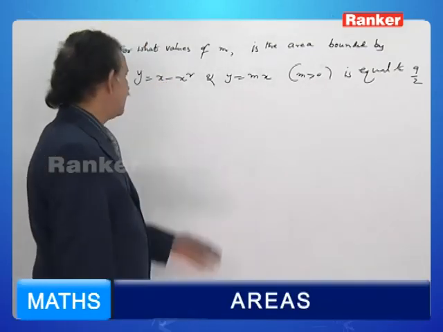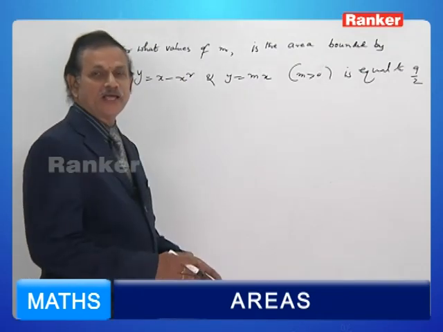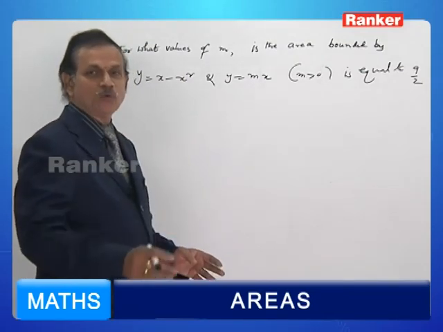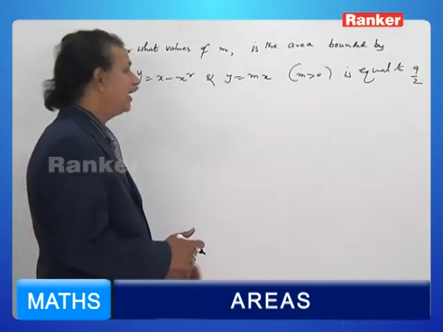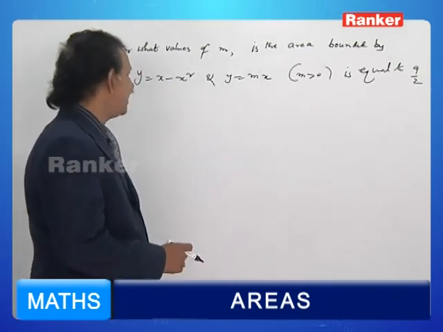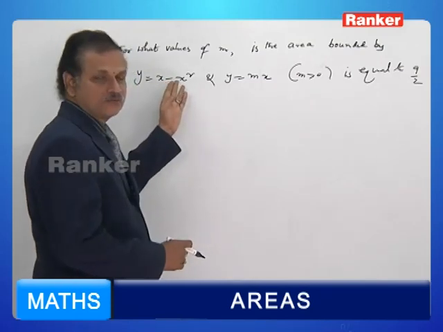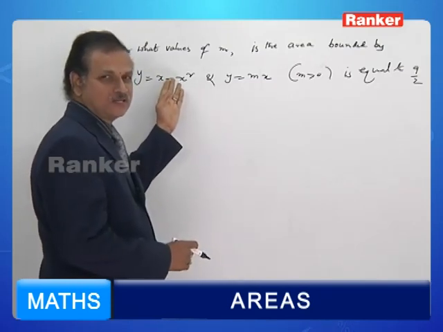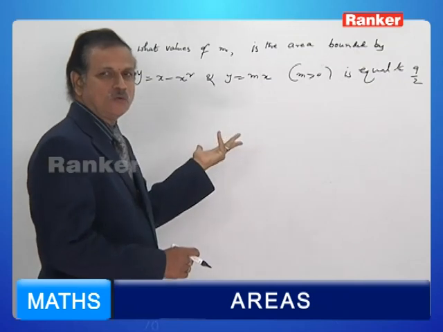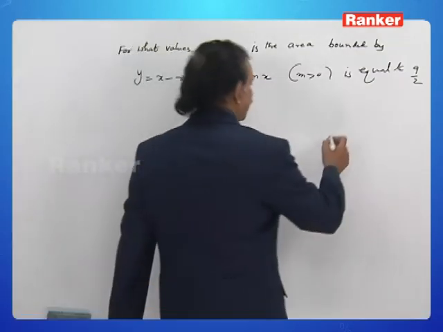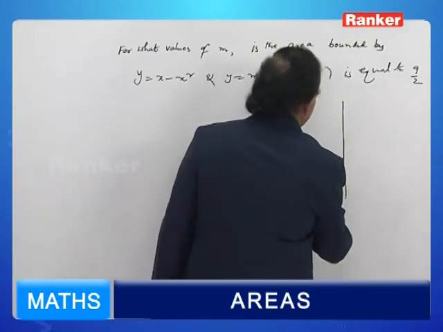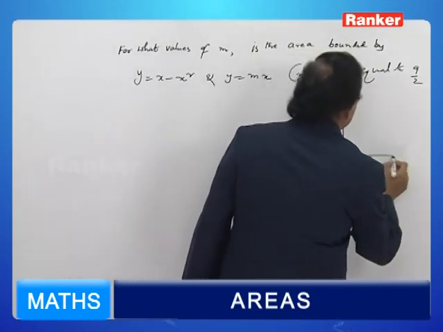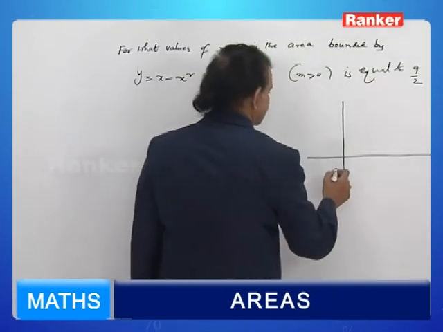Y is equal to x minus x square. It is a parabola opened downwards whose axis is parallel to the y-axis, and it meets the x-axis at x minus x square is equal to 0, x into 1 minus x is 0, so x is 0 or 1. Hence, we can imagine the nature of the graph of the parabola y is equal to x minus x square.